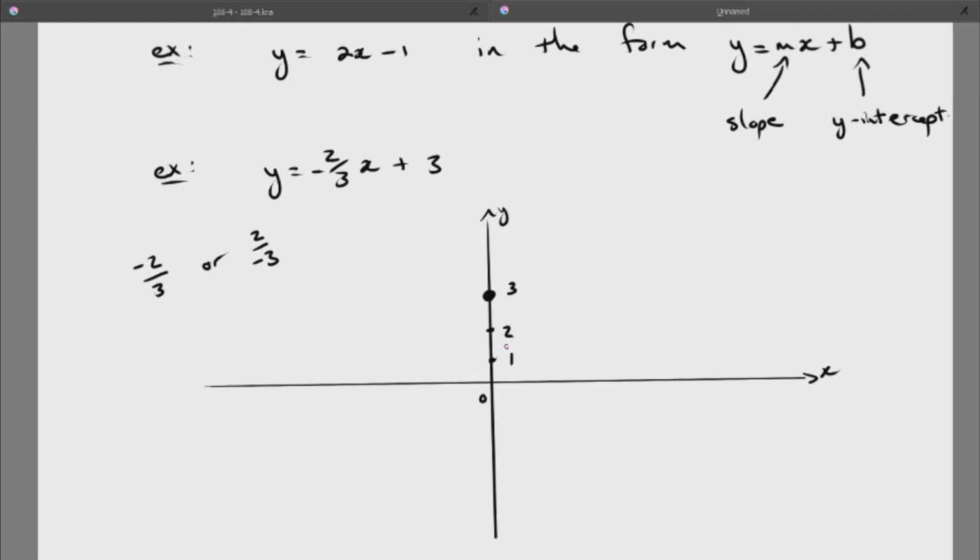That's going to have to be in the negative direction, so I'm going to use this version of the slope, having the negative with the 2, and it's telling me if I move 2 steps down, -2, I have to move 3 steps to the positive x direction, and there's another point that it would go through. So if I want to avoid the x-intercept, I can use the slope instead.